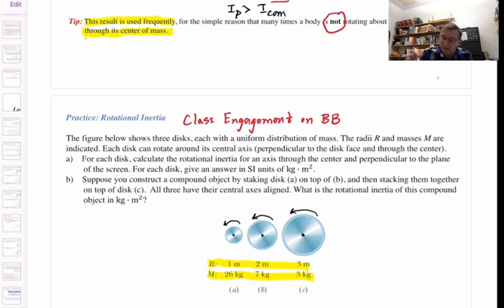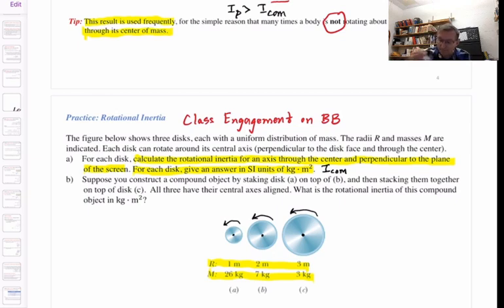Part A: for each disk, I want you to calculate the rotational inertia I for an axis through the center and perpendicular to the plane of the screen, the axis we just showed there. I'm asking you to calculate I, and yes, this would be ICOM, in the SI unit of rotational inertia, mass times radius squared, so kilogram meter squared.